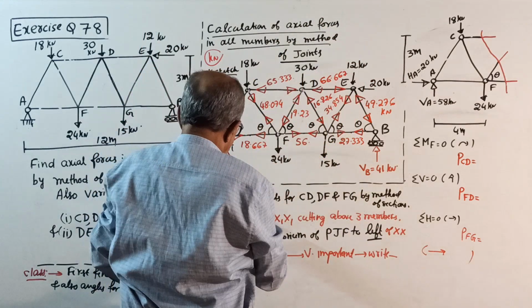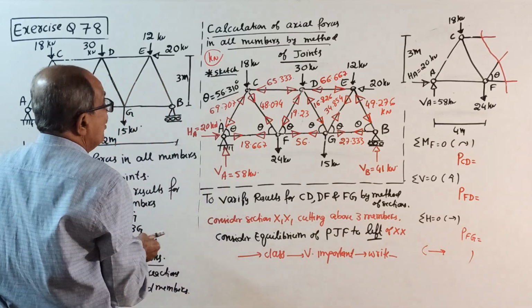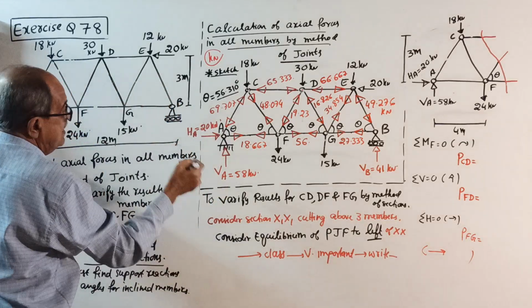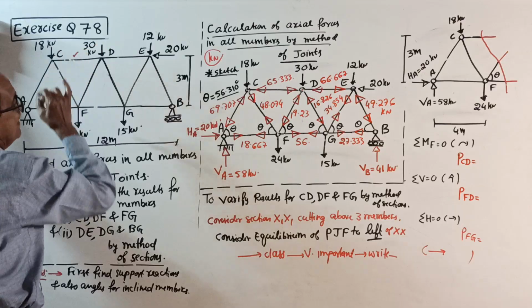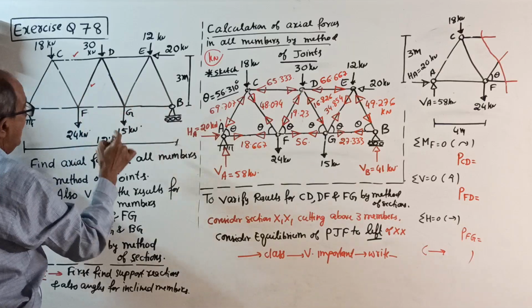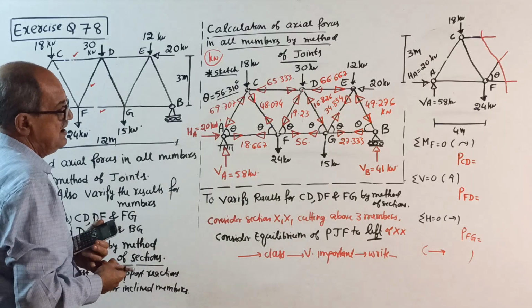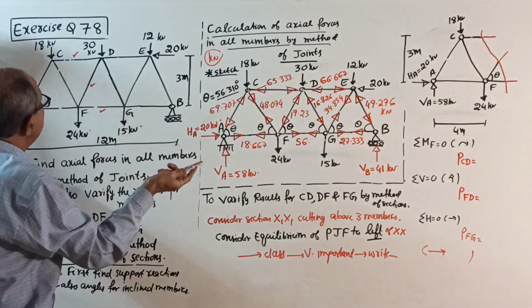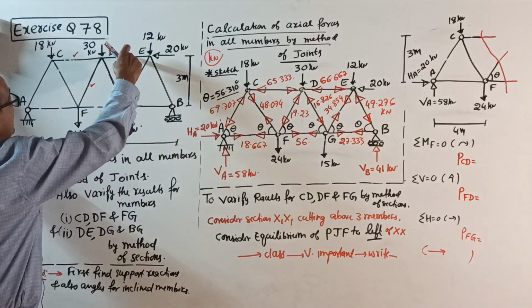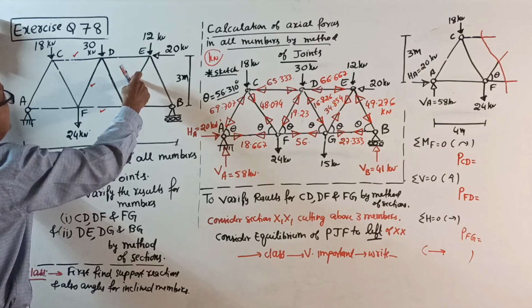Now, to verify the results, for members CD, DF and FG by method of sections. Then again they want to verify DE, DG, where is DG?